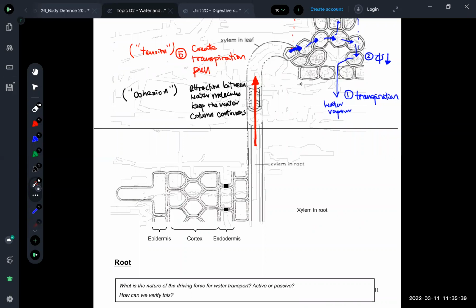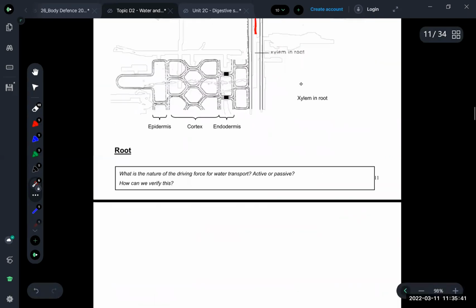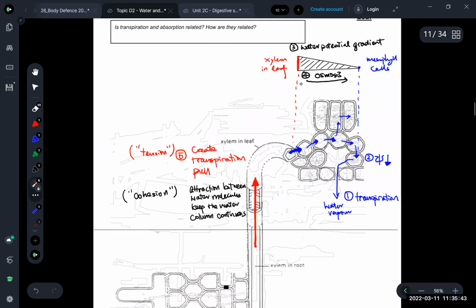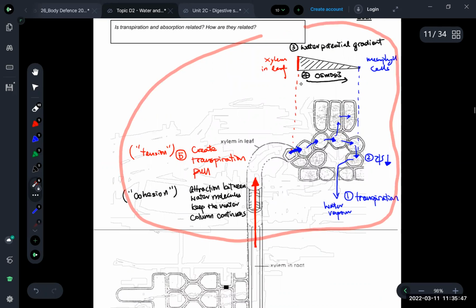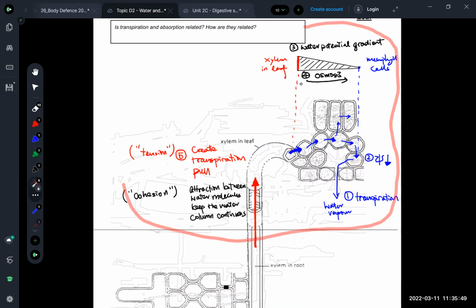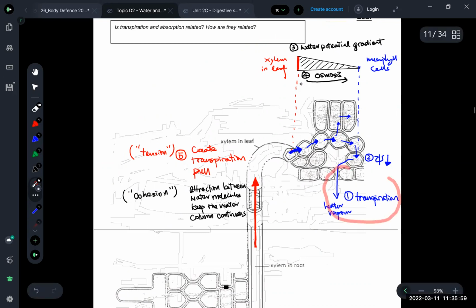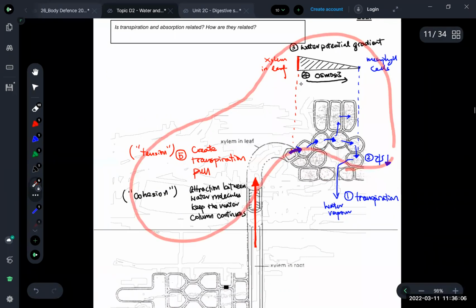Okay. And you can see during the whole process, no energy is involved. Now that explains the German scientist's experiment. How come when the whole plant is dead, water is still being drawn upward? As long as transpiration occurs, every other following event would occur as well, right?